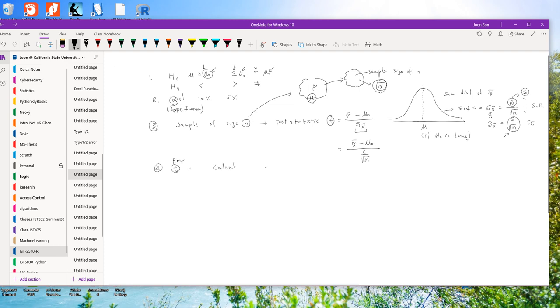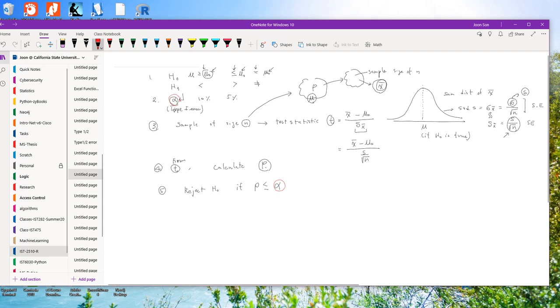Then step number 5: from the p-value, we reject the null hypothesis if the p-value is less than or equal to this alpha value. That's steps 1 through 5, and number 6 is, of course, to interpret the statistical conclusion.